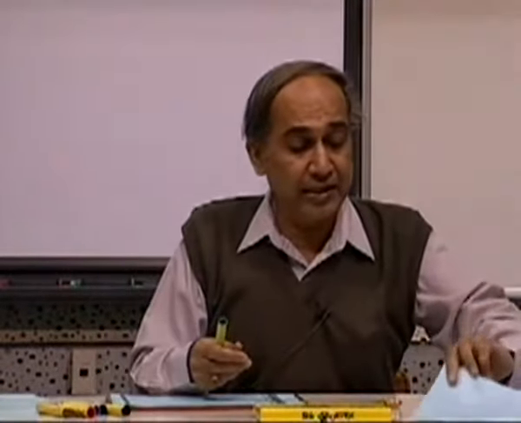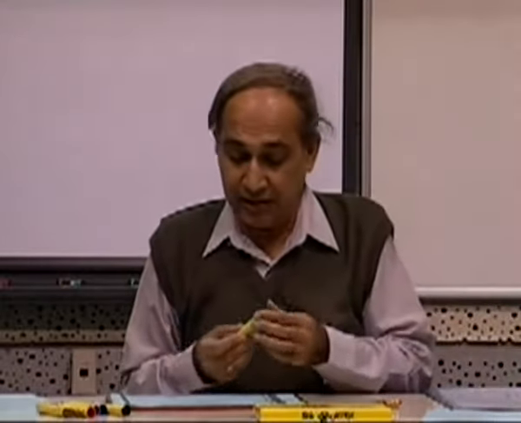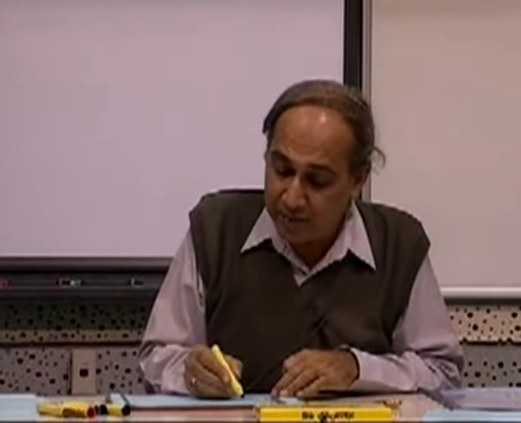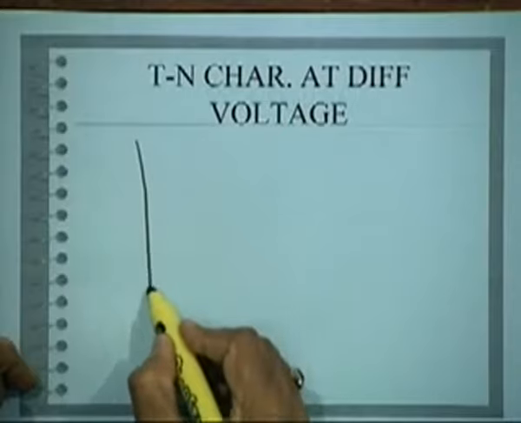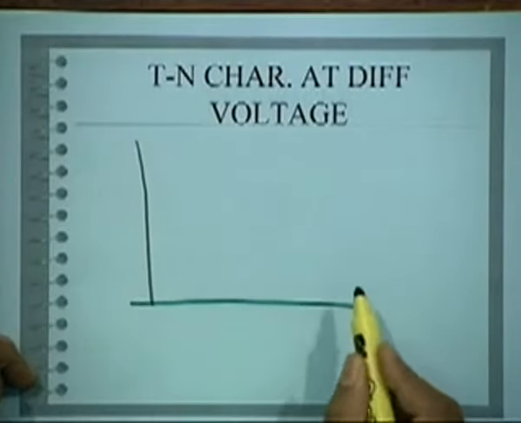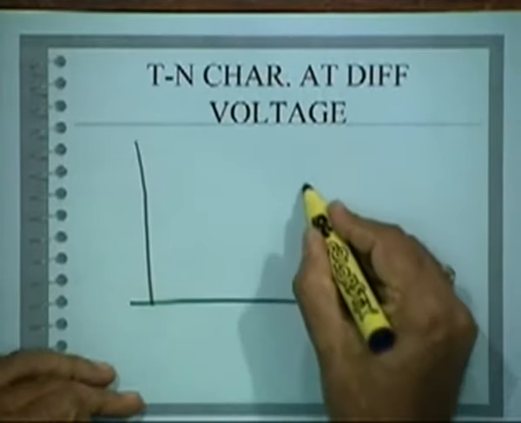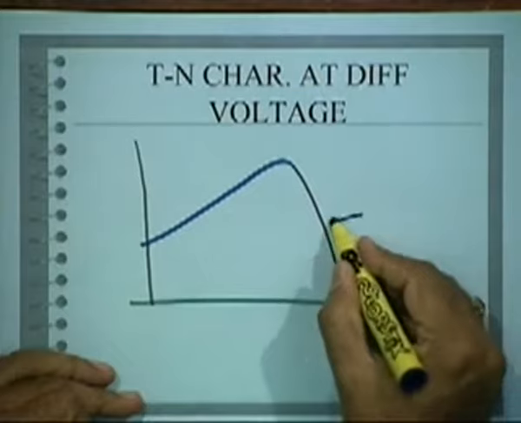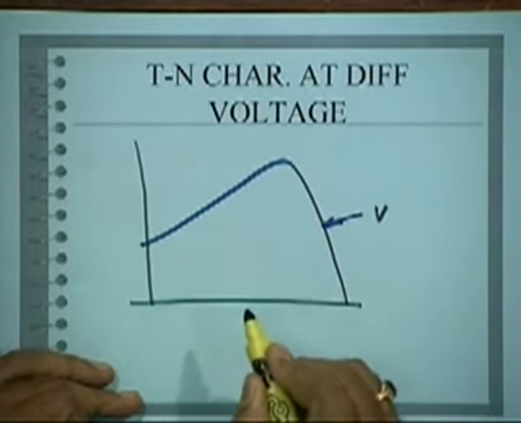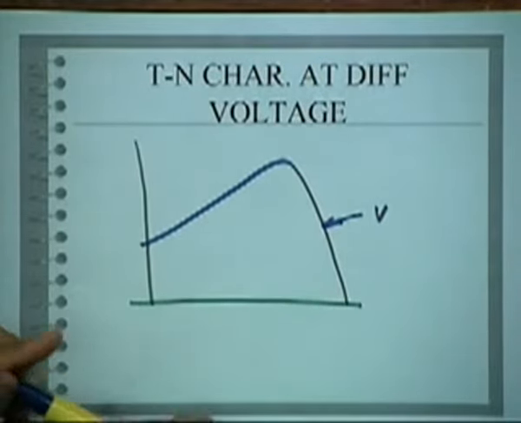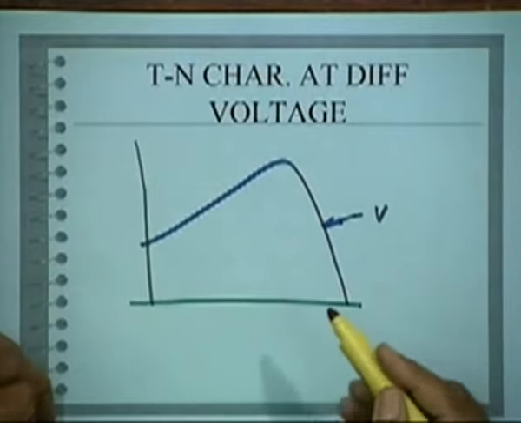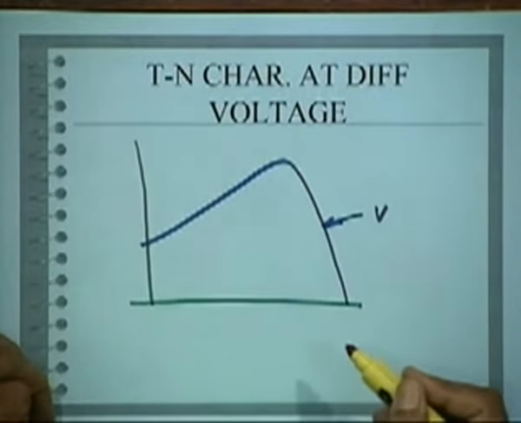Now, in order to understand it a little more in detail, let us draw the torque speed characteristics of the motor at different voltages. So, for nominal voltage, you have these characteristics. For reduced voltage, where will the characteristics be? If you reduce the voltage, it will go down by what factor?